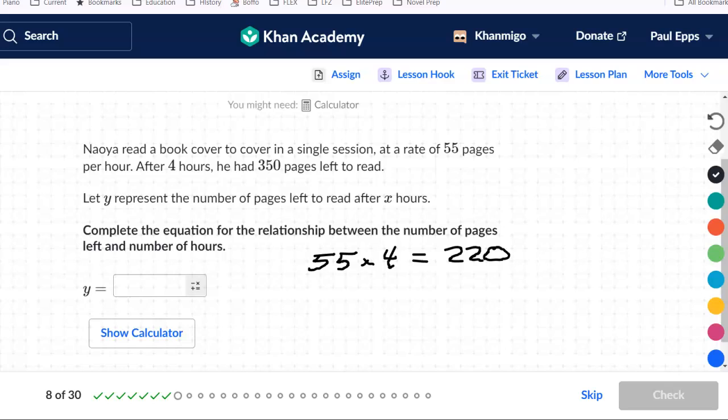And he still has 350 pages to go. So that means that the book is 570 pages long.